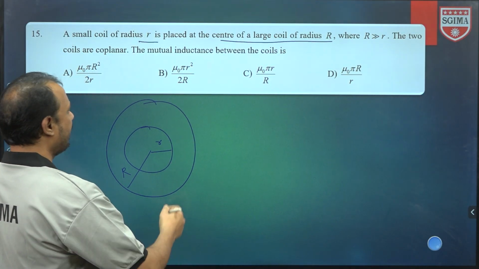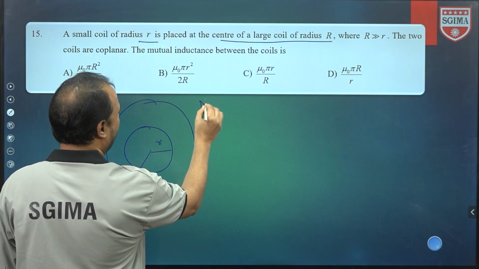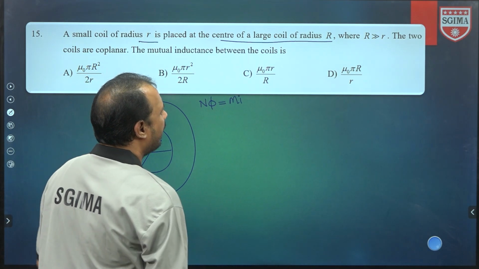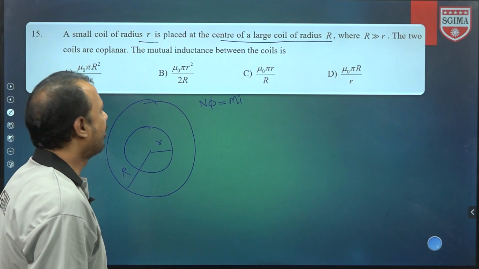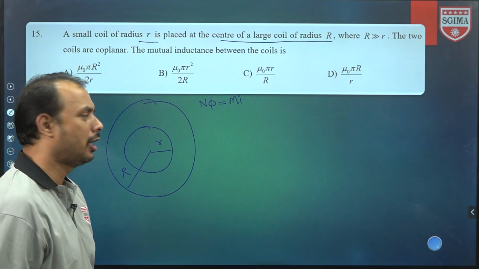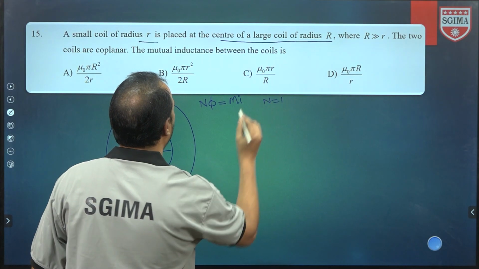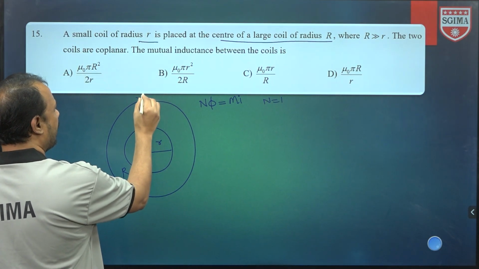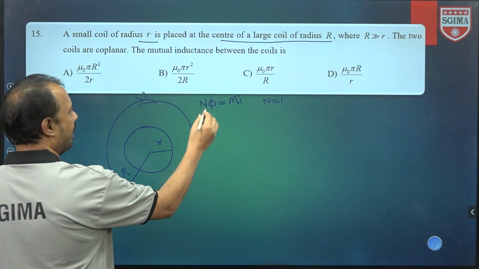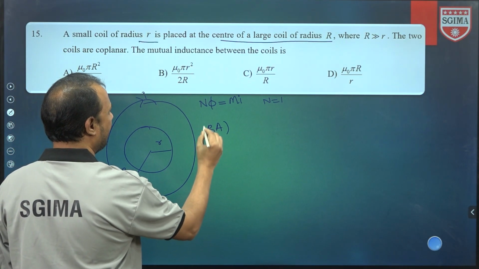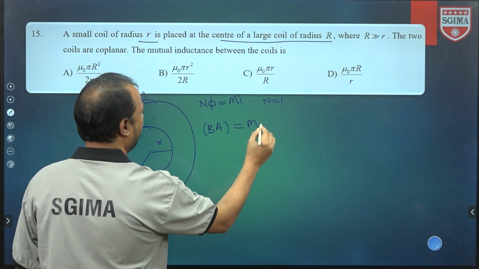So, mutual inductance, we know N phi is equal to MI. Here the number of turns is not mentioned, so you can take the number of turns as 1, N equal to 1. If the current passing through the larger coil is taken as I, then the magnetic flux, written as field times area, equals MI.